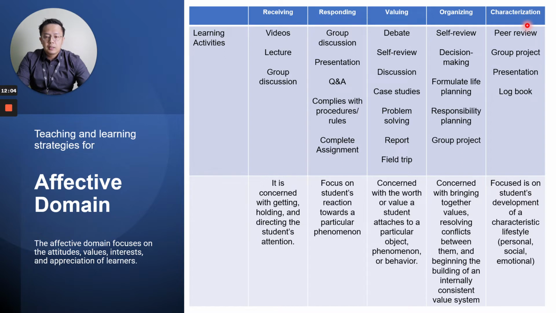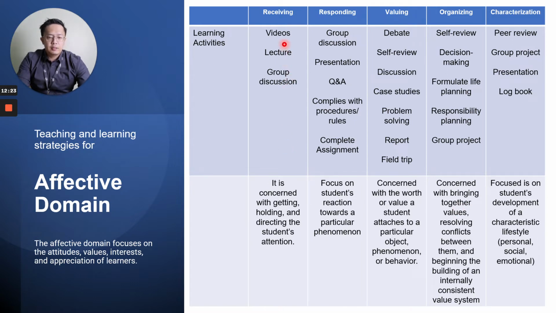And finally, if you want to do characterization, then you may ask them to do a logbook, a presentation, or peer review. The focus is for students to develop their characteristics of lifestyle. At the bottom, it says the focus of the learning activity itself.